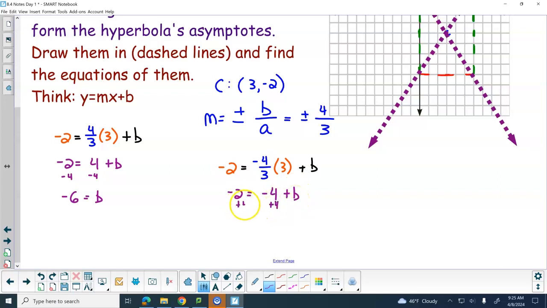Add 4 gives me 2 is equal to b. So the equation of this asymptote is y equals +4/3 x minus 6. The equation of this asymptote is y equals -4/3 x plus 2.